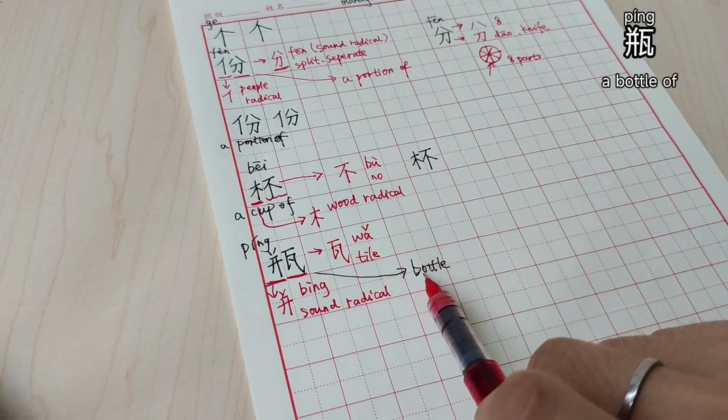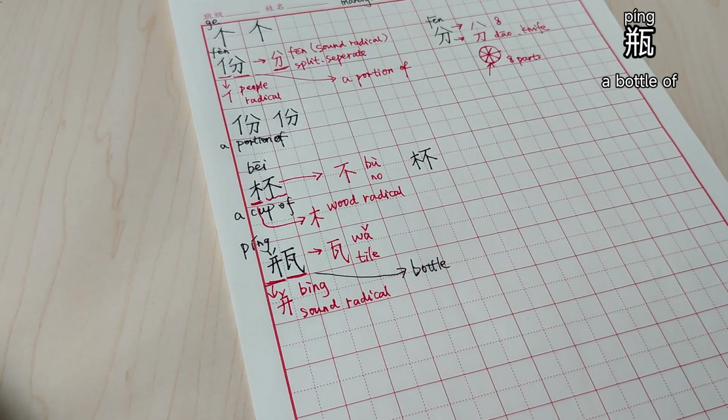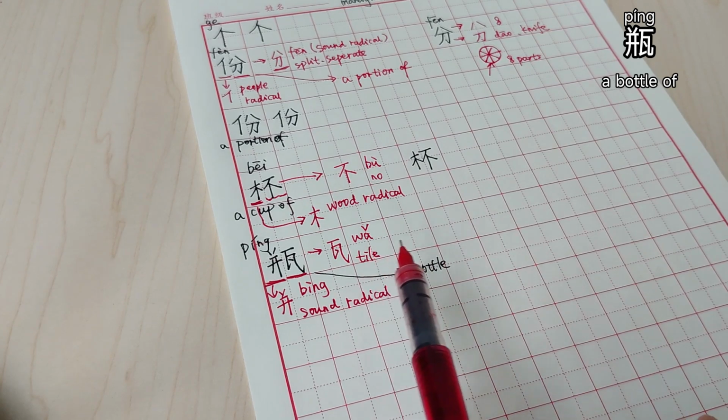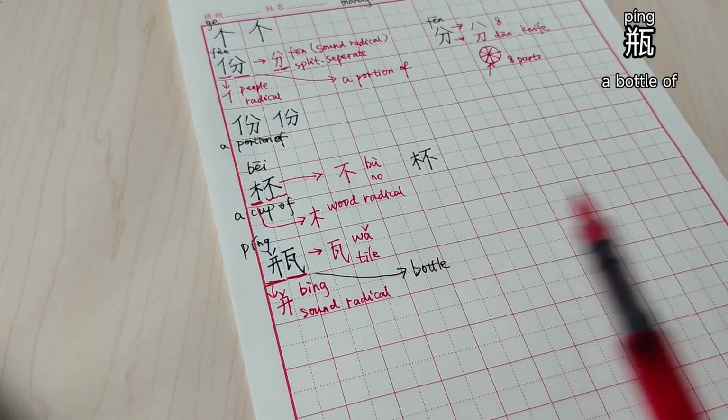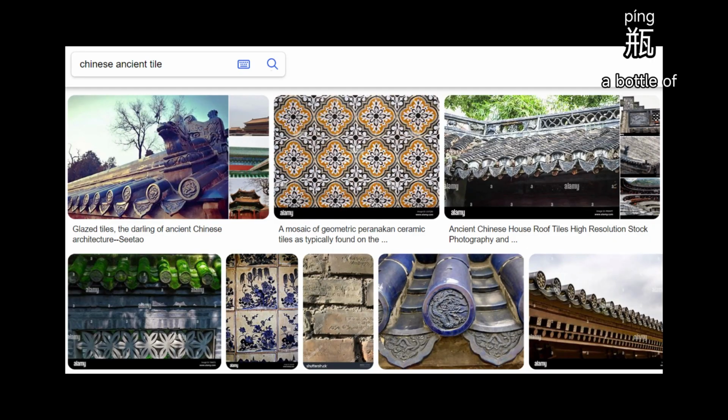Is it even related? I did some research about it. I think they might be related. Here's my assumption. For a lot of tiles like this in the picture, the process to make the tiles is kind of like pottery. So the tiles have something to do with pottery.